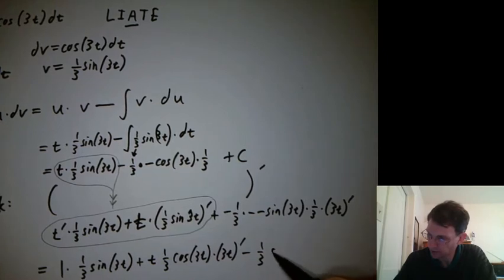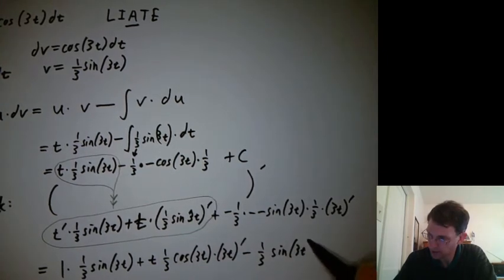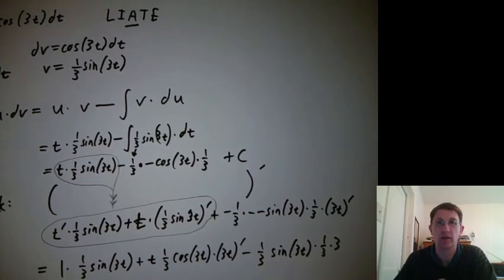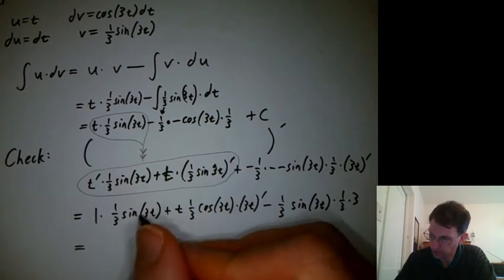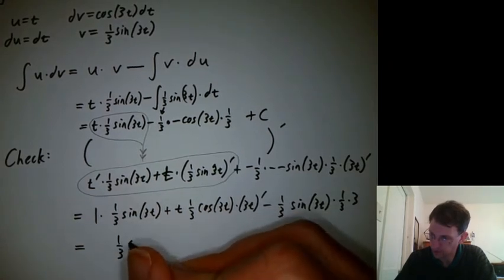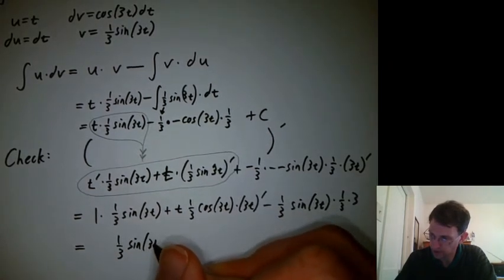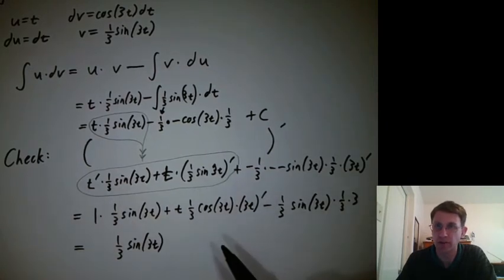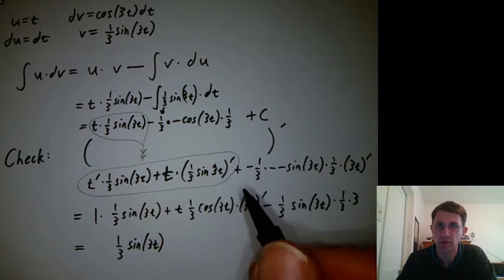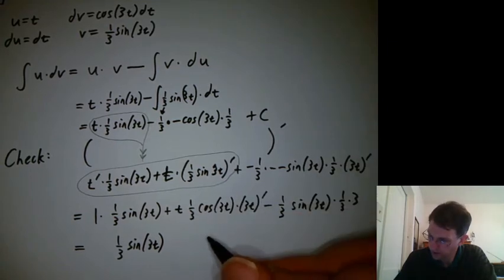And then sine 3t times 1/3 times 3. And what can we make from this? This is going to be the same, 1/3 sine 3t. Right now it's not looking good. I didn't have a 1/3 sine 3t in my original integral, did I? What's going to happen here?